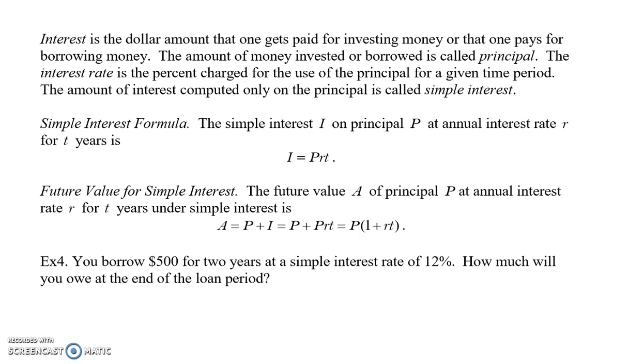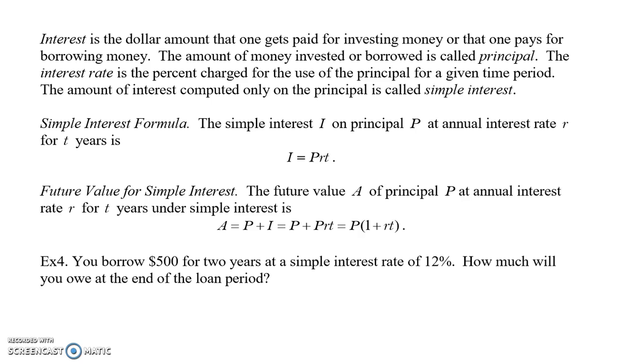That would be the amount that a particular amount of money grows to after a certain period of time elapses. The future value A of principal P at annual interest rate R for t years under simple interest is A equals P plus I. Future value A is principal plus interest.